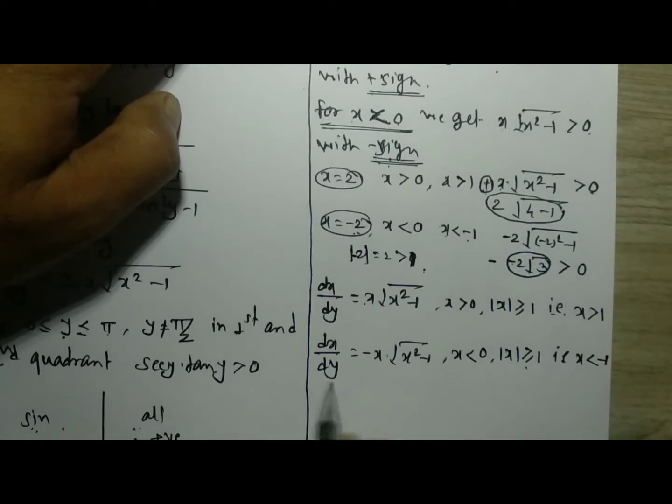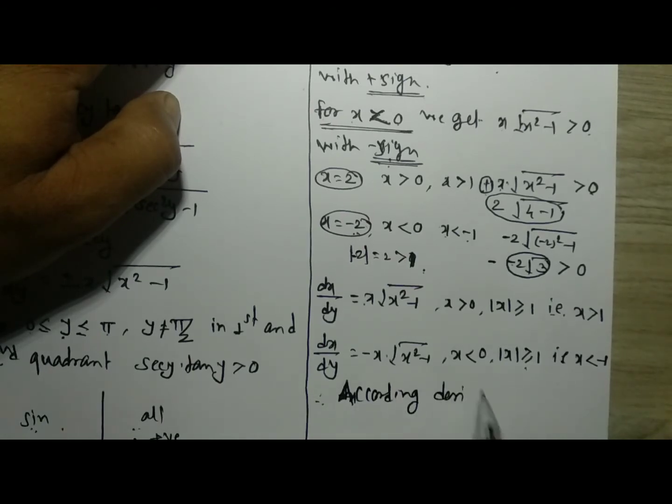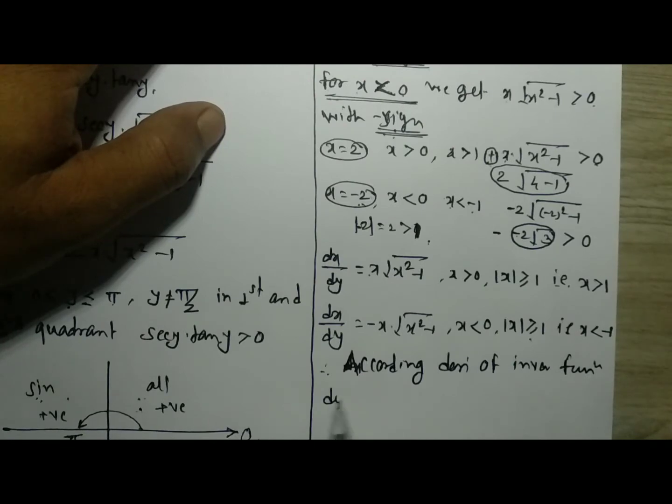Therefore, according to the derivative of the inverse function, dy by dx is equal to 1 divided by dx by dy.